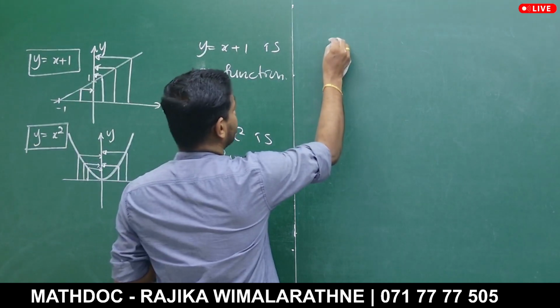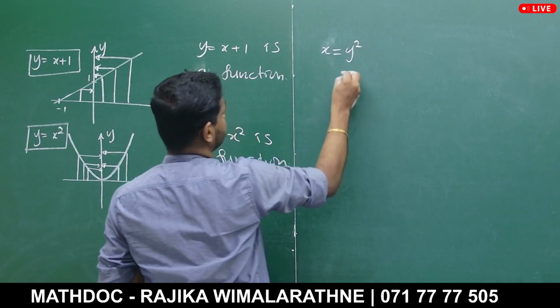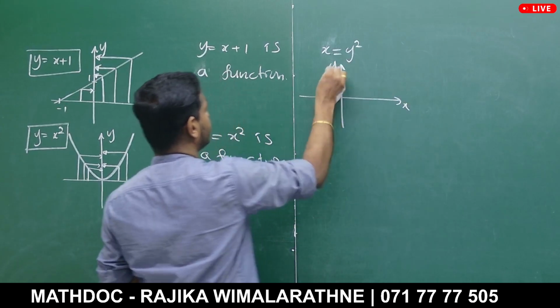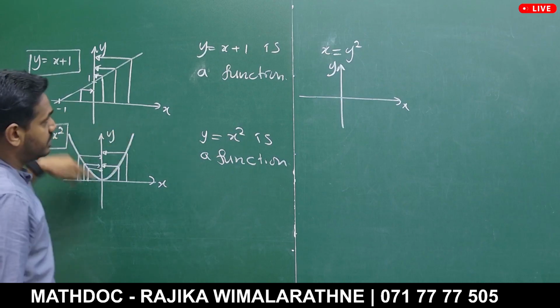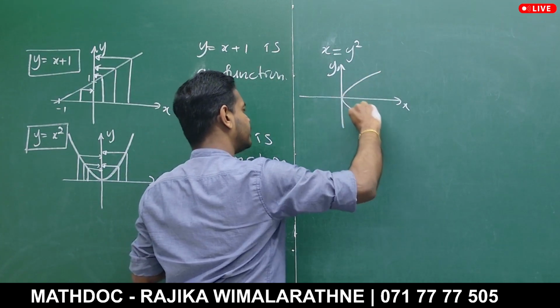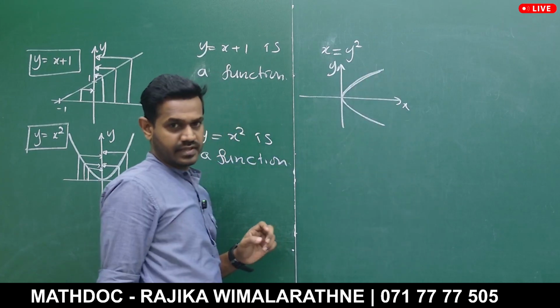Now you go to this: x equals y squared. See this one. The y equals x square graph is this, and the x equals y square graph is this. That is our graph.